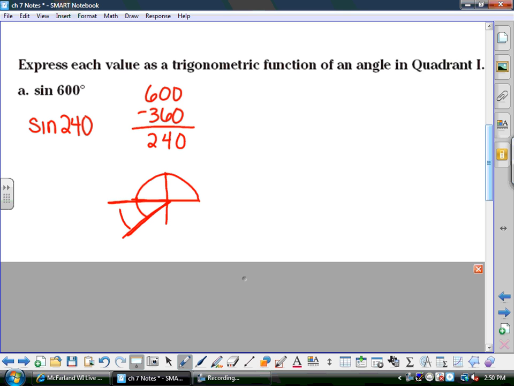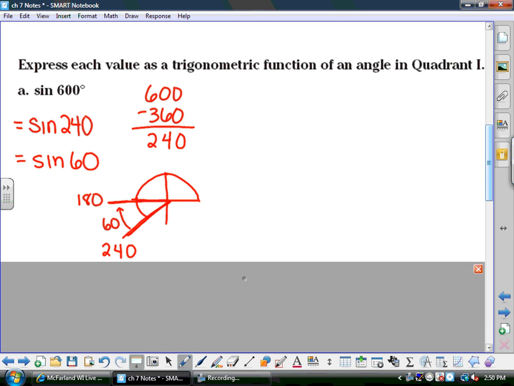And the reference angle would be this angle that goes back up to the x-axis. If I take 240 minus 180, I get that the reference angle is 60 degrees. So the sine of 240 is the exact same as the sine of 60.